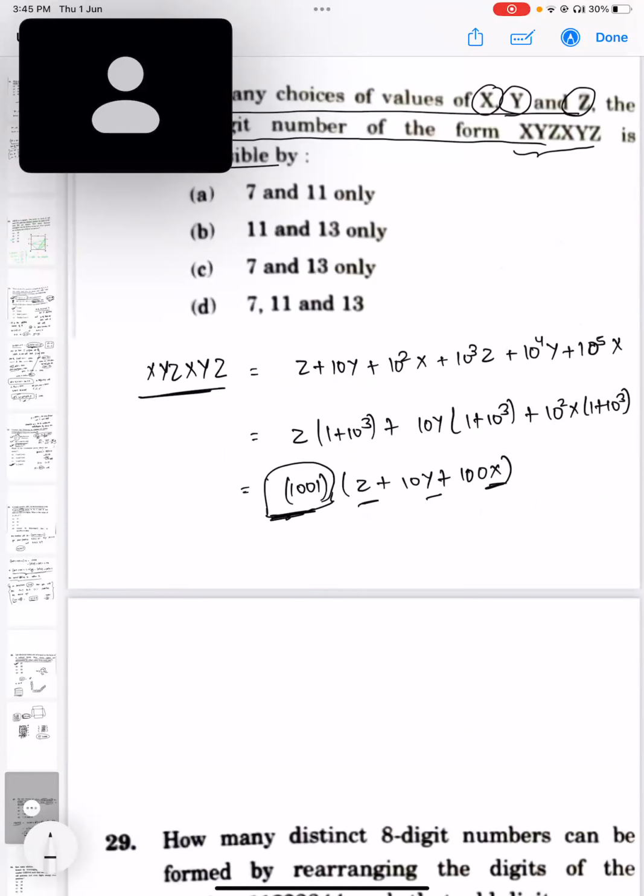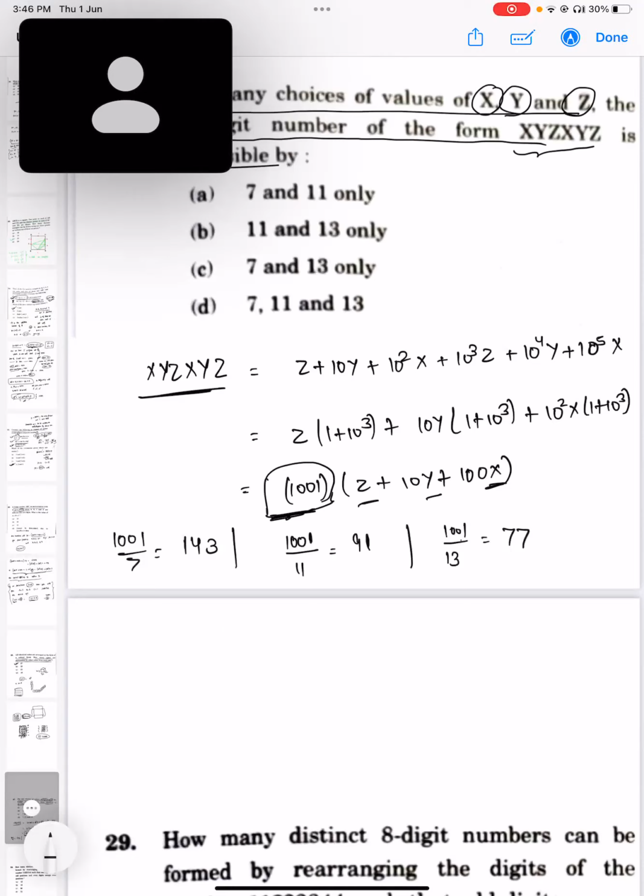Fine. So 7 divides 1001, because 1001 upon 7 is 143. 1001 divided by 11 is 91, and 1001 divided by 13 is 77, right?